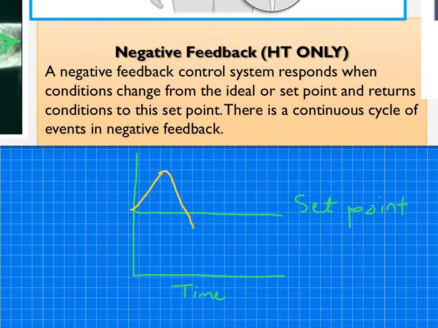But it then might go a bit lower as you use up the glucose, maybe you don't eat for a while, and then you're going to release another hormone called glucagon, and then it keeps going like that, but it always needs to come back to that set point. And as it says there, it's a continuous cycle of events, and I'll show you a little flow diagram.